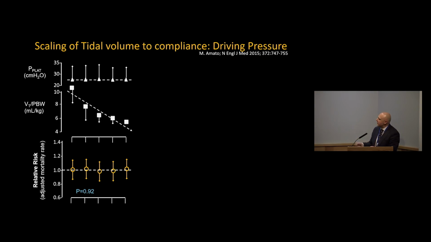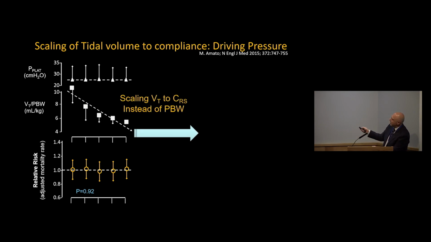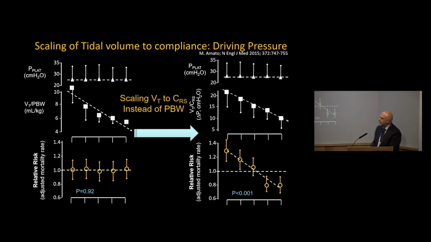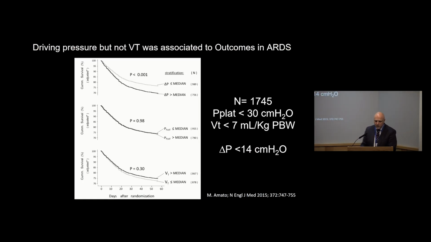So it looks like if you look at tidal volume per se, it's not really an indication of lung strain. When you scale it to the tidal volume divided by the compliance, which we said is driving pressure, now you start seeing a signal that as the driving pressure goes down, also your mortality goes down for the same plateau pressure.